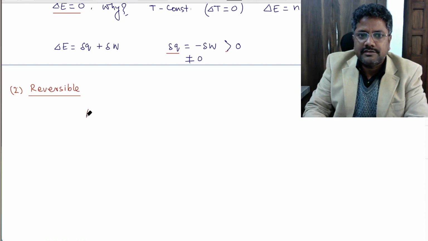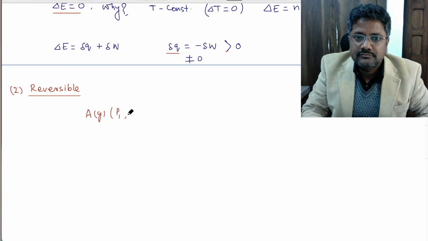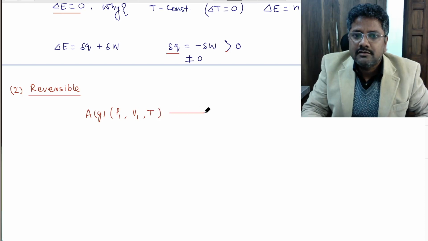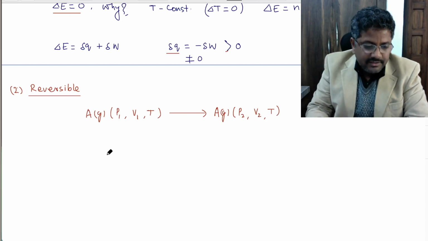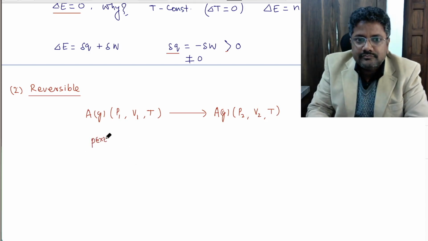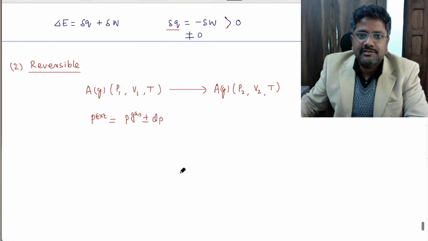See the same gas, a gas, P1, V1, T. So this time, when this is reversible, you can write here P external is equal to P gas plus or minus dP.